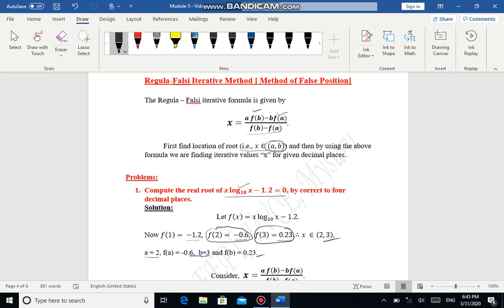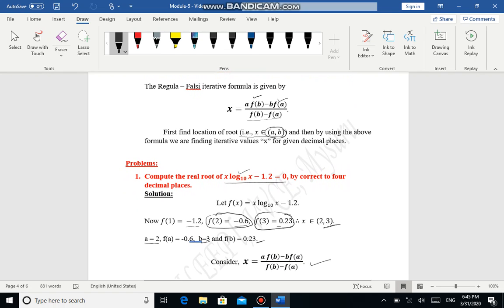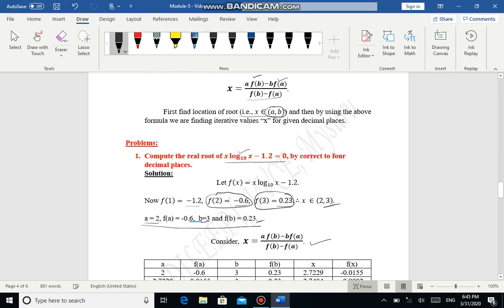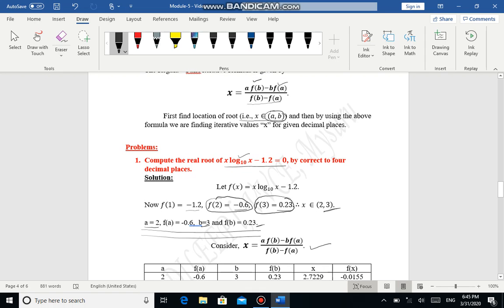Now consider the Regula-Falsi iterative formula and construct a table. The table requires a, f of a, b, f of b, the iterative value of x, and f of x. First consider the initial values: a is 2, f of a is minus 0.6, b is 3, and f of b is 0.23.